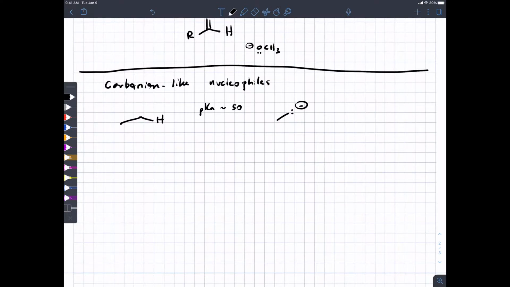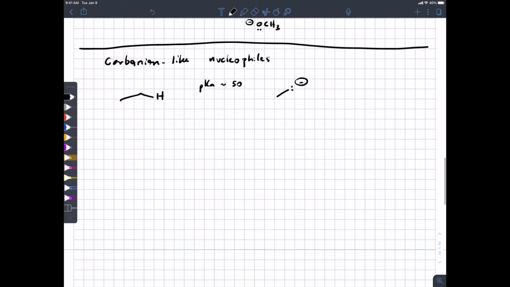And so, as with hydride, we're going to need a carrier of the carbanion to deliver it as a nucleophile to our electrophiles. And the way we typically do this is that we bond the negatively charged carbon to a metal.